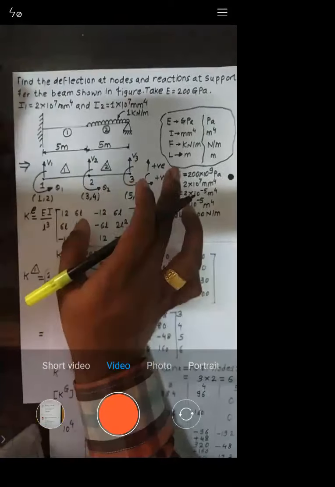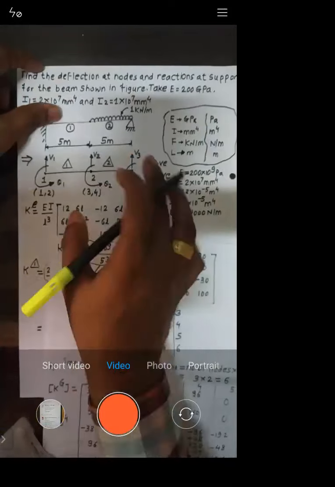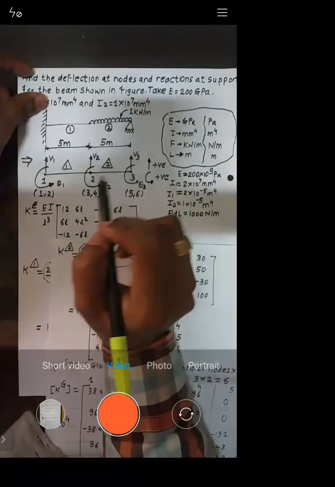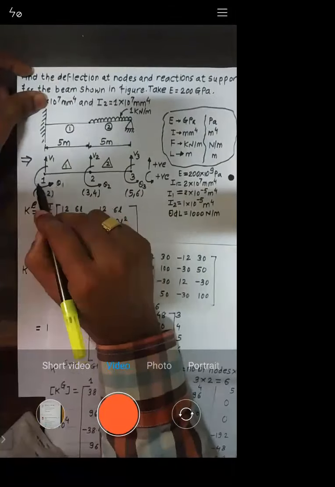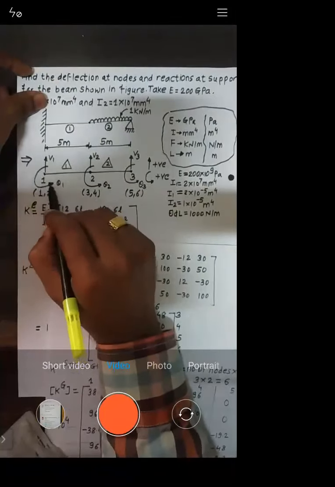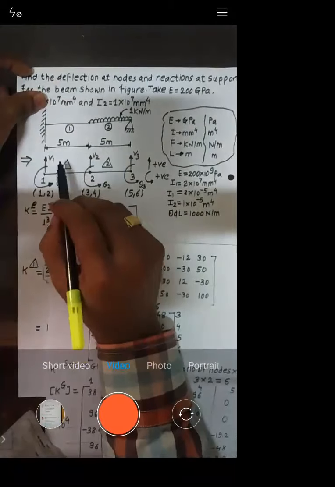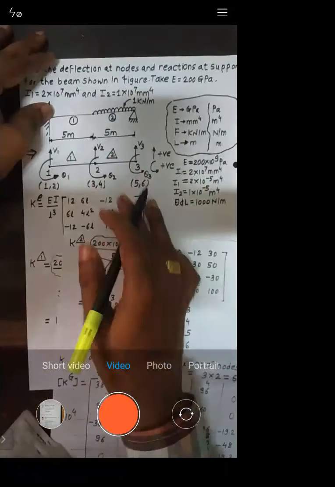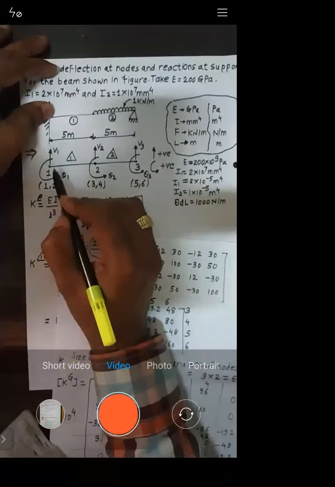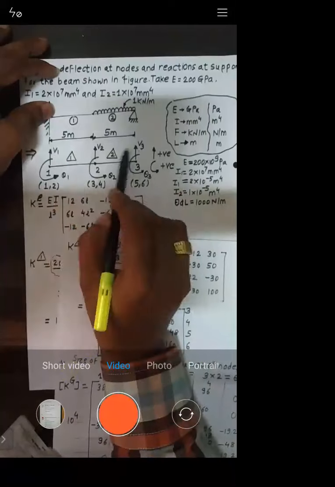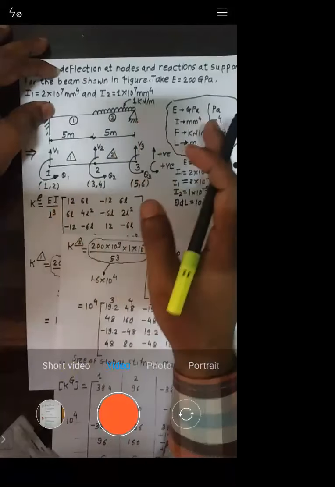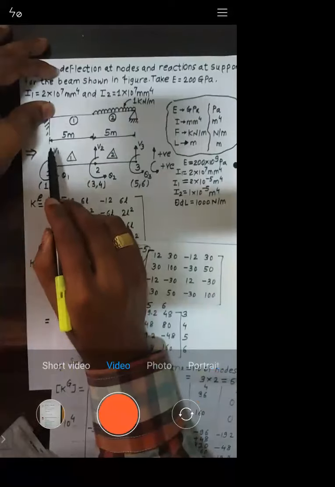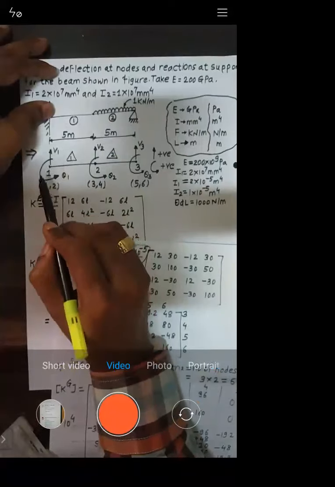What is the meaning of that? Every linear displacement you are supposed to take in vertical upward direction, and every angular displacement in anti-clockwise direction. Only the number of nodes or elements can vary, but the direction of vertical displacement will always be upward and the direction of angular displacement will always be anti-clockwise.